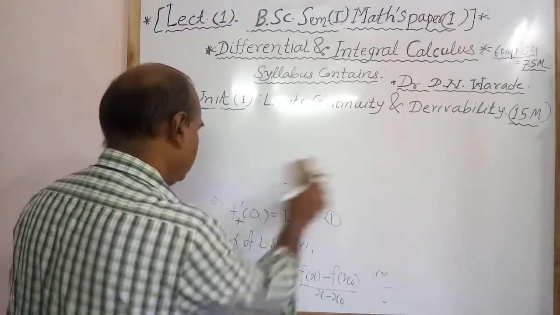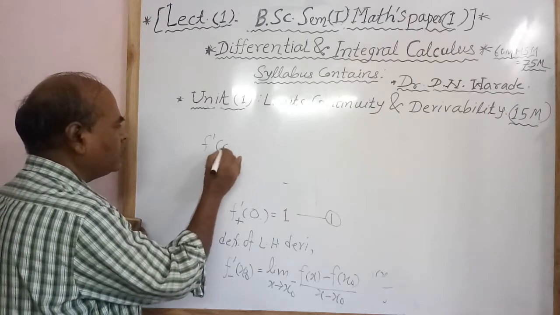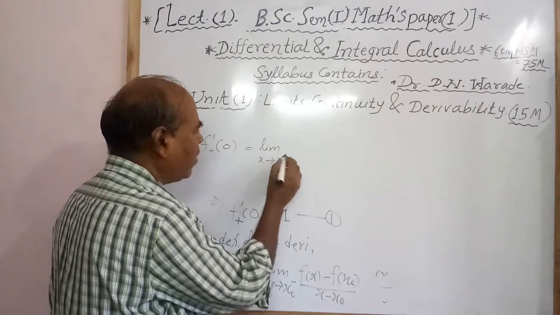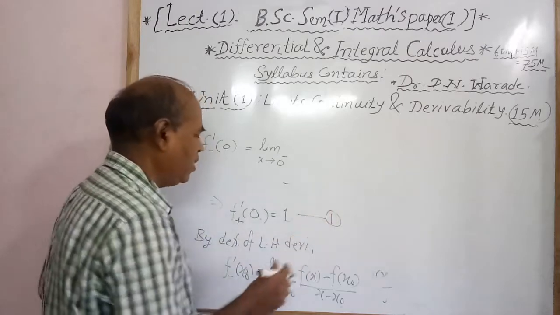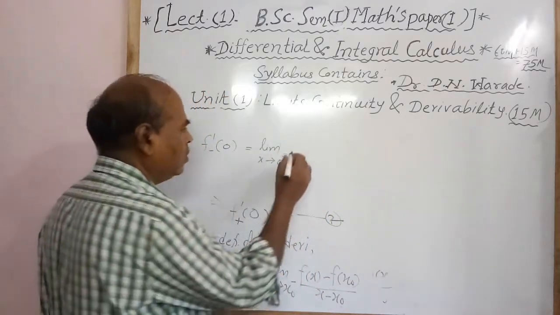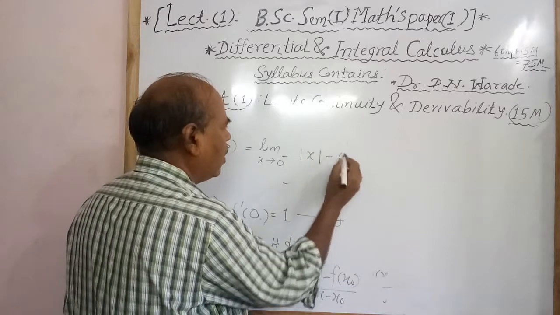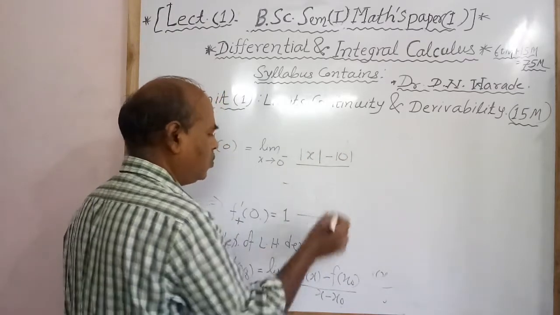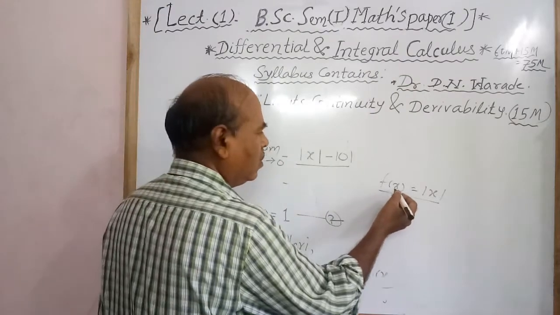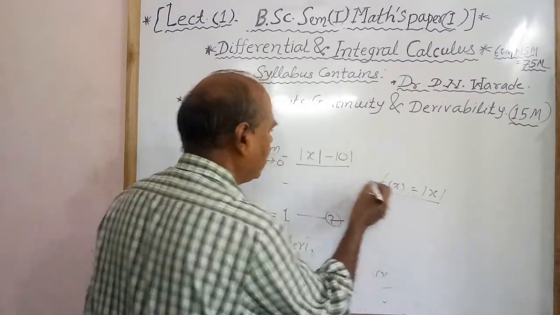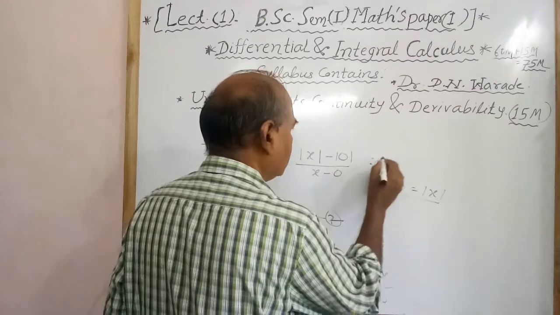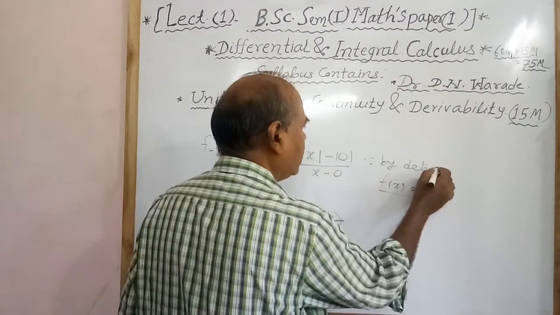Therefore f dash of 0 minus, the left hand derivative, equals limit x tending to 0 minus, now by equation 1, the definition of the function, mod of x minus mod of 0 divided by x minus 0.